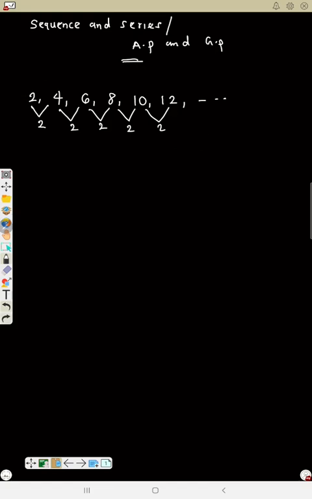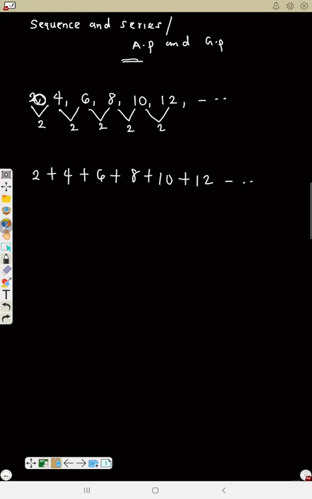Now what of series? A series is a summation of numbers that have a regular pattern, but here we are not adding them together. The difference between series and sequence is that in a sequence we use commas, and in a series we use plus.